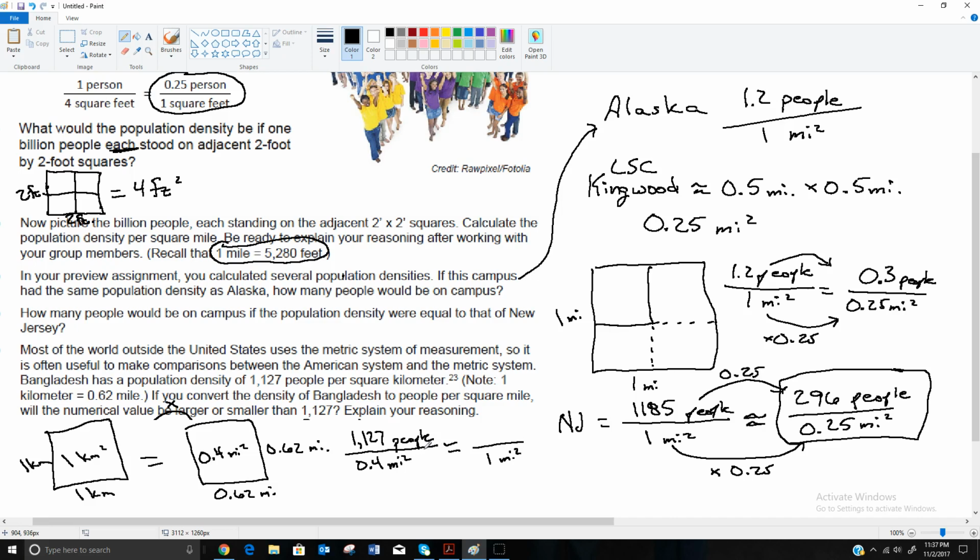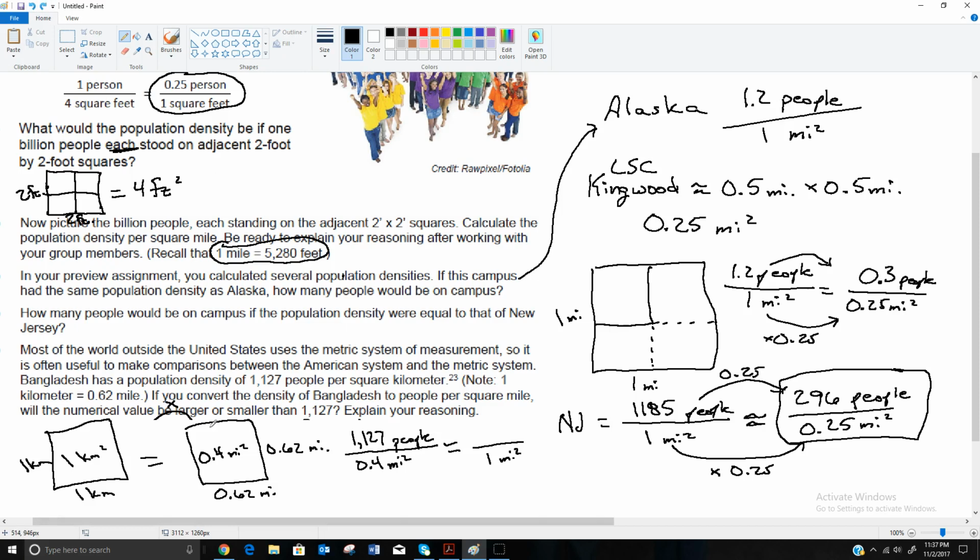So actually there's an easier way to do that. I don't need to multiply. Since I'm going to 1, I can just take 1,127 and divide it by 0.4. Whenever we have two numbers like this, if I divide the top by the bottom, that means per 1 of whatever's on the bottom.